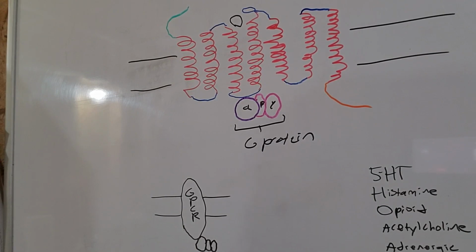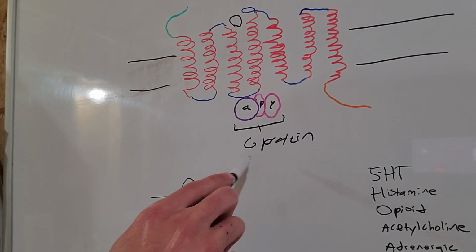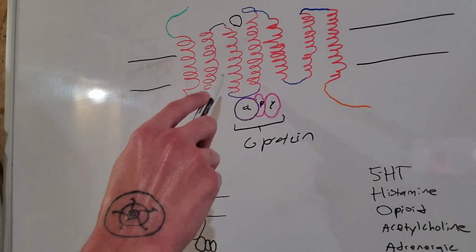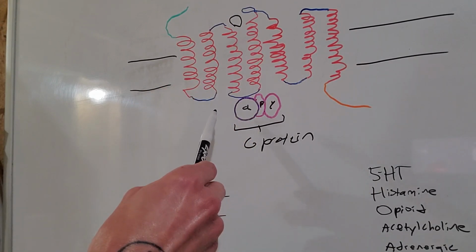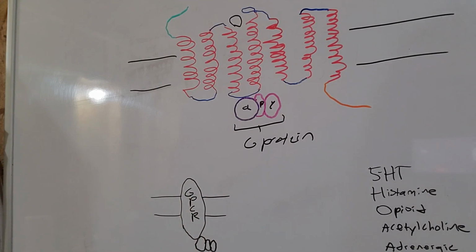And the way that it communicates that change is through the associated G protein complex. The way that it propagates a signal is through the conformational change of the transmembrane receptor to essentially allow it to function as something called a GEF, a guanine exchange factor.